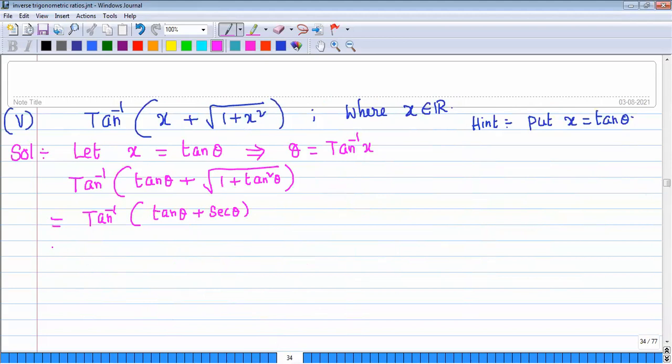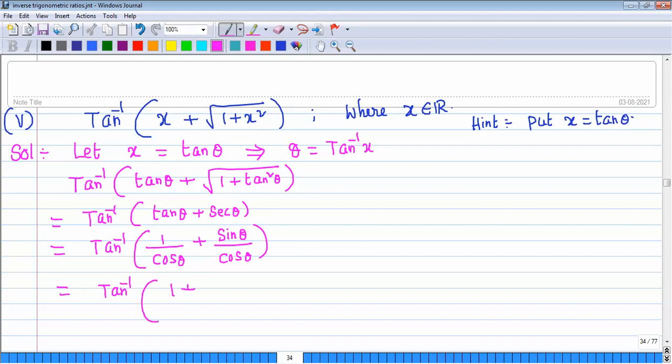So this can be written as tan inverse of 1 upon cos theta, sec theta means, plus sin theta by cos theta. This equals tan inverse of 1 plus sin theta by cos theta.